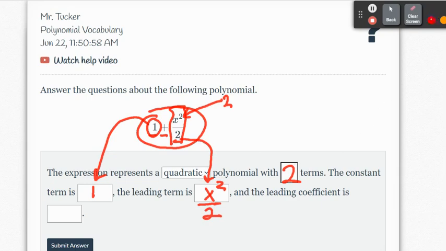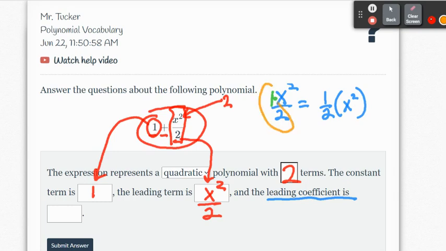Now, the leading coefficient really throws people off here because it's not written the way our eyes want to see it. But here's what you've got to do to get that leading coefficient. You've got to look at the x squared over 2 as if it's really 1/2 times x squared. Because there's an invisible 1 in front of the x, this is really a 1/2 times x squared.